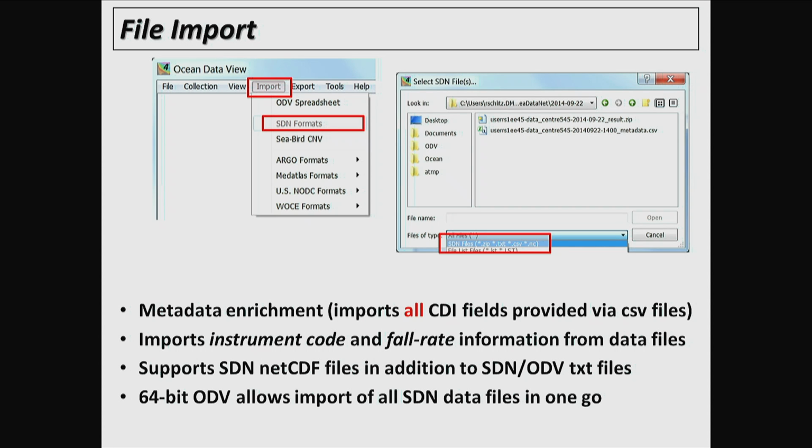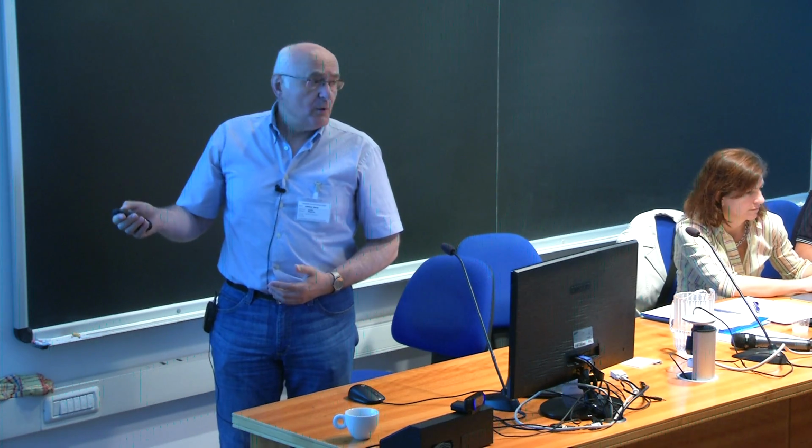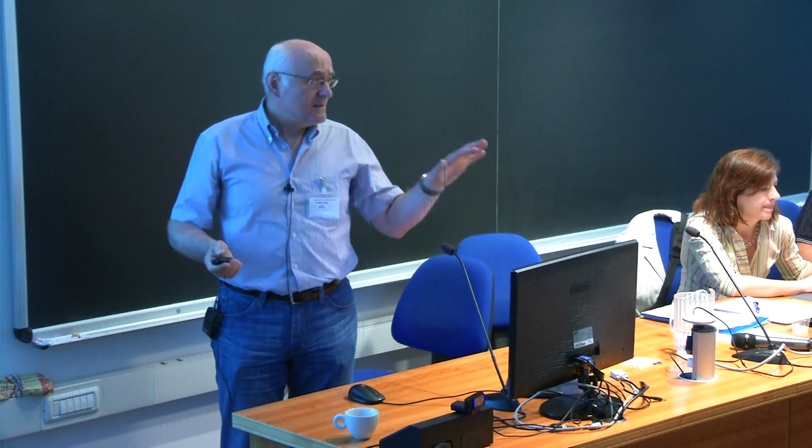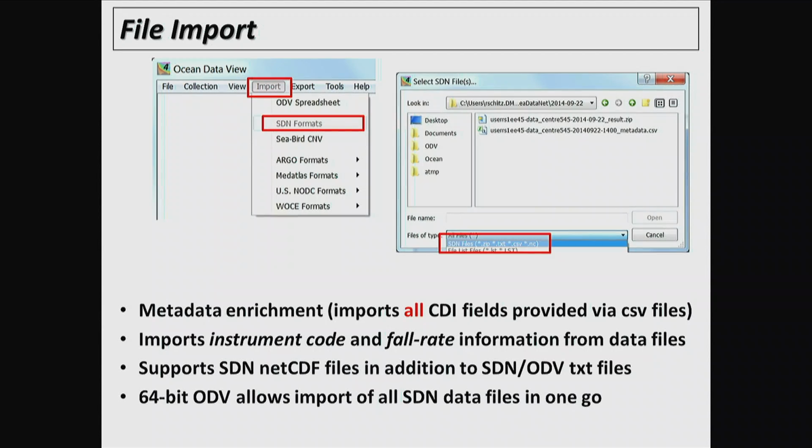Don't choose ODV spreadsheet. That was the topic we talked about before. These are different importers. They have a different understanding of what they are expecting. They both expect spreadsheet-like files, but they behave quite differently. So for us, within this project, this is the thing to use. Otherwise, you are not doing a proper import.